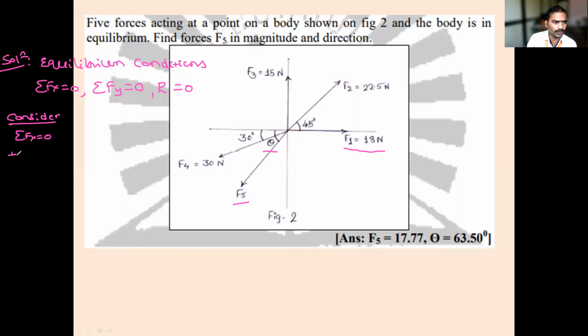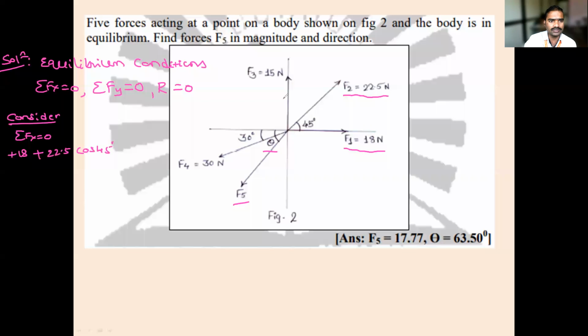It is positive plus 18 Newton. Okay, second force is 22.5 Newton. Okay, it is making an angle 45 degree with respect to horizontal. It is in first quadrant. So what is the component? Plus 22.5 cos 45.